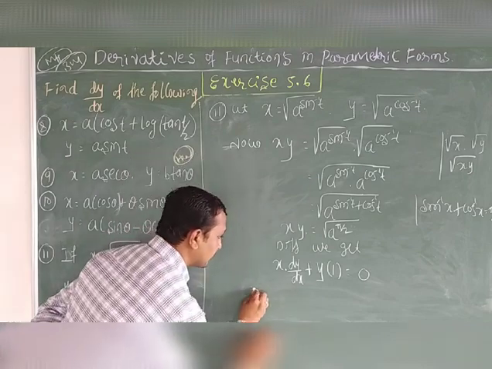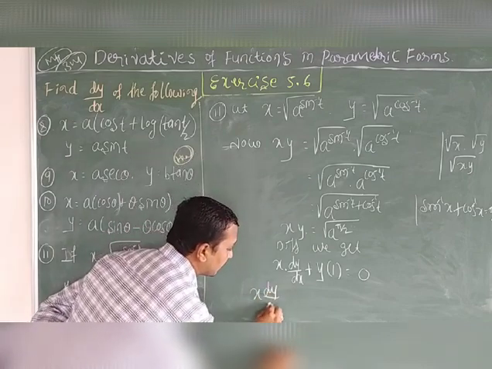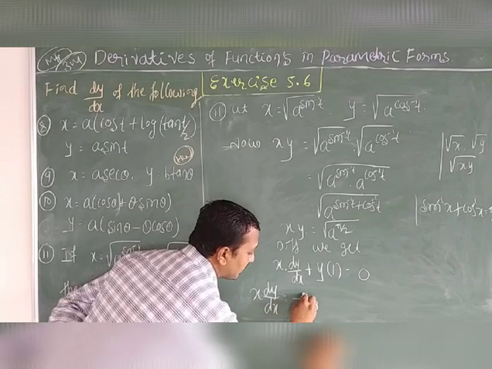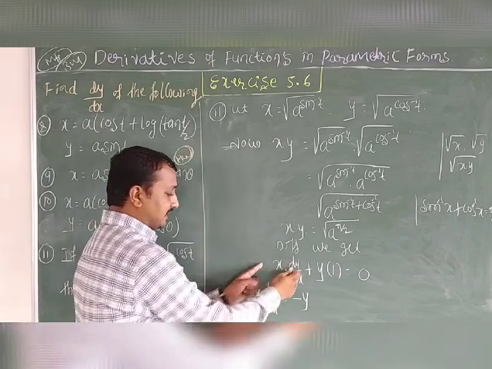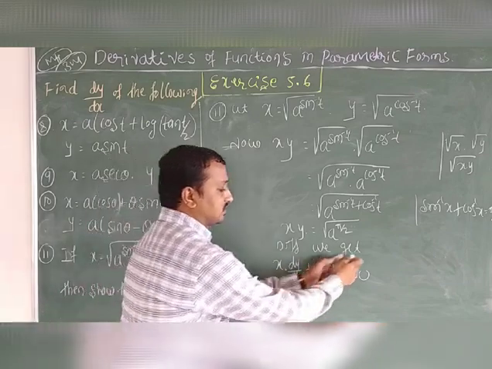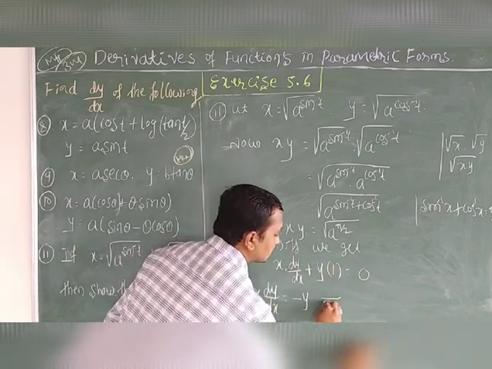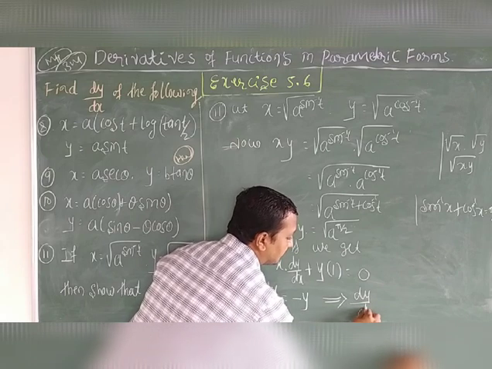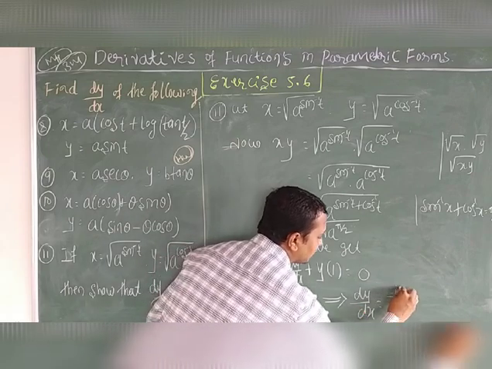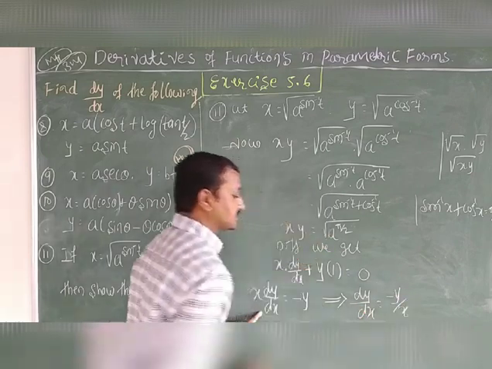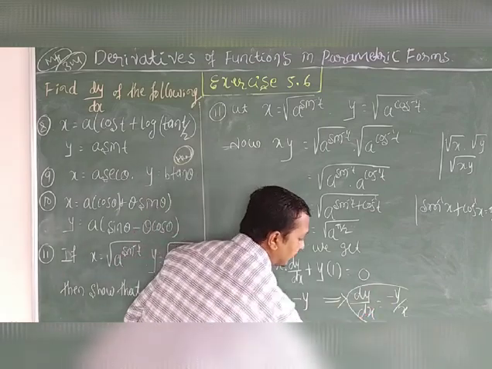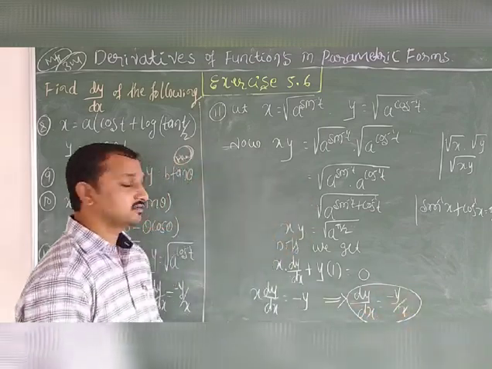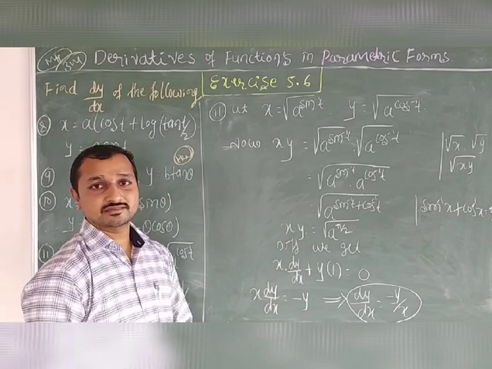Then you can write x into dy by dx is equal to minus y. So x into dy by dx is kept as it is, then y is moved across and becomes minus y. So this implies dy by dx is equal to minus y divided by x. That's all. A very simple example.